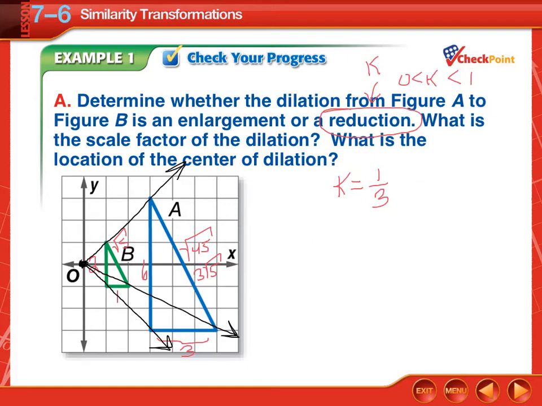So let's take a look at this length here from our center of dilation all the way out to this point here. That length, we have a right triangle whose sides are 3 and 3, so 3 squared plus 3 squared is 9 plus 9, so that length here is square root of 18. And since we're going from A down to B, the square root of 18 would be in the denominator.